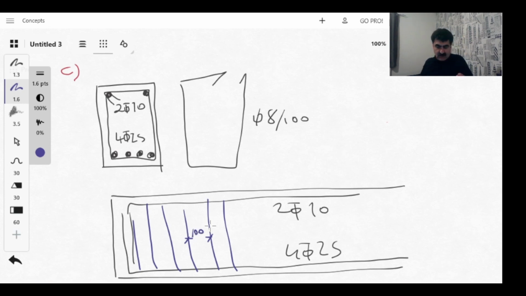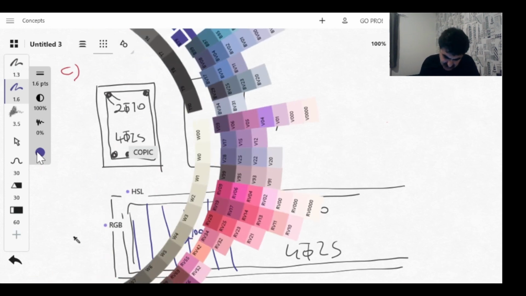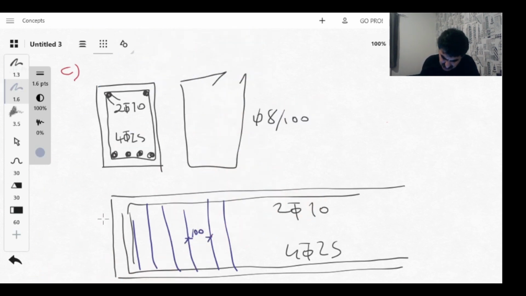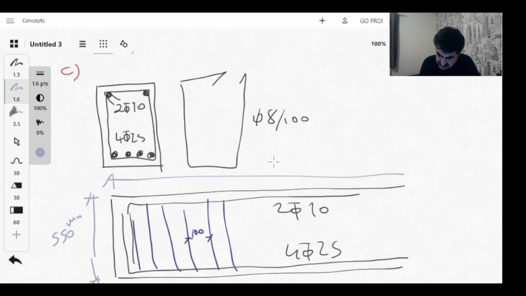You need to show all the dimensions as well. Like this will be 550 millimeters, and I don't have the distance here, so this will be 6000 millimeters. Okay, so this is enough. So we are done with section C.